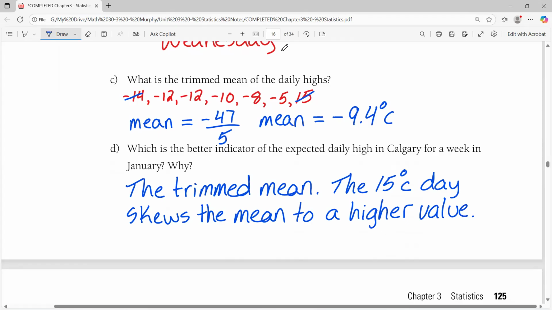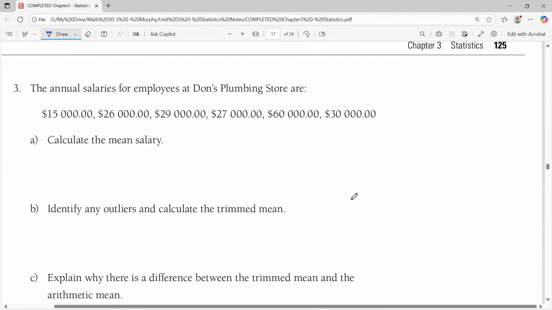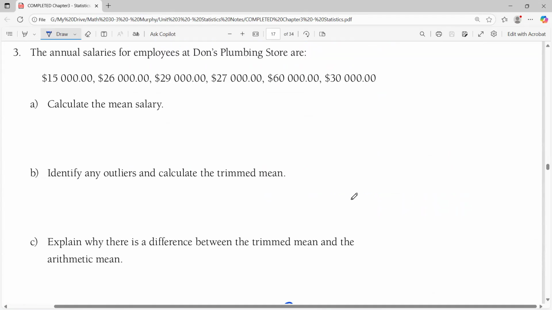Number 3. The annual salaries for employees at Dawn's plumbing store are 15,000, 26,000, 29,000, 27,000, 60,000, and 30,000. So what's the average salary? All right, we'll add them up and divide by 6 because there are 6 salaries there. So 15,000, 26,000, 29,000, 27,000, 60,000, and 30,000.